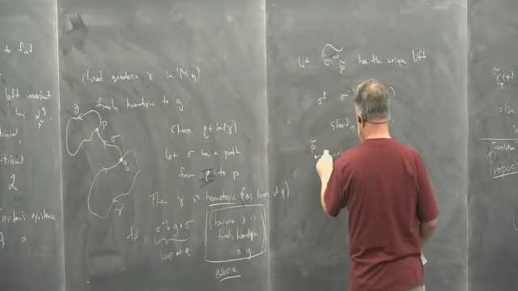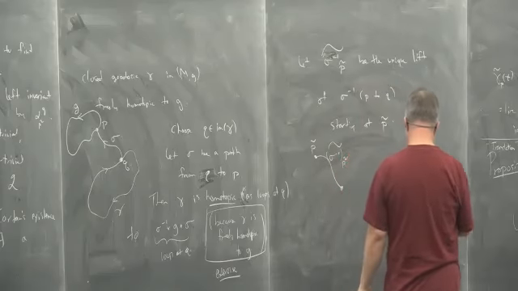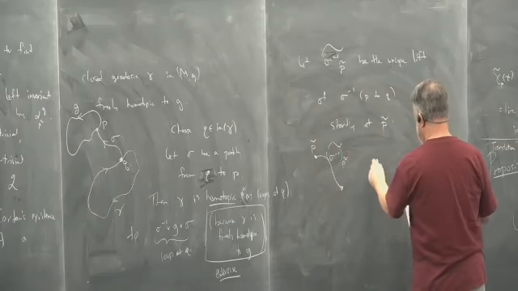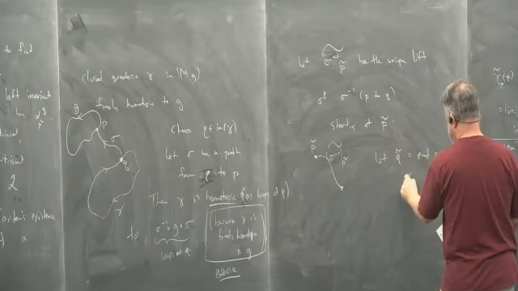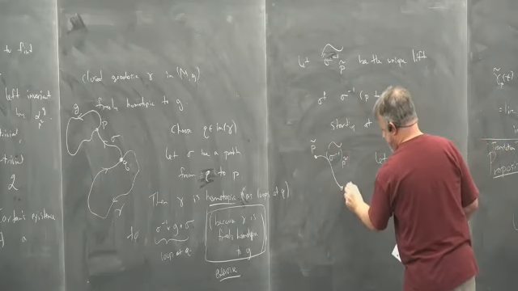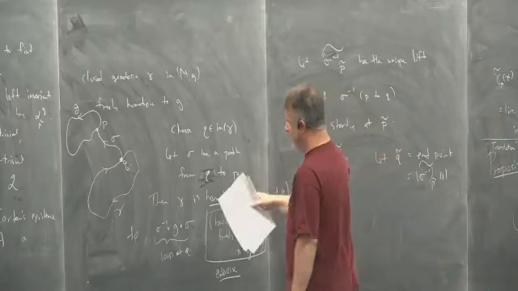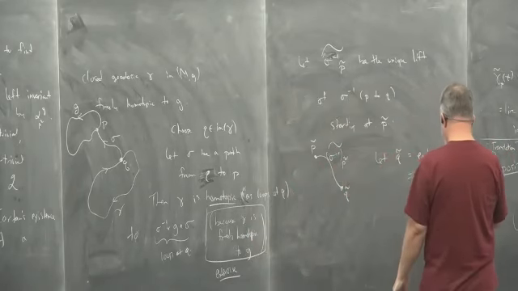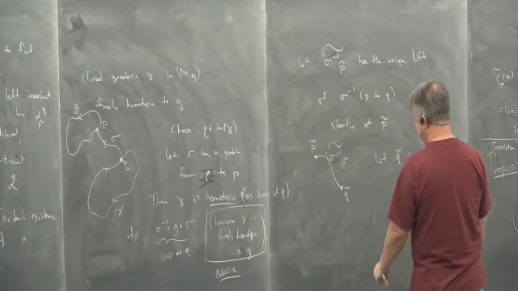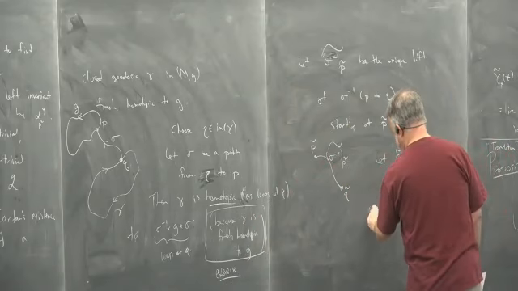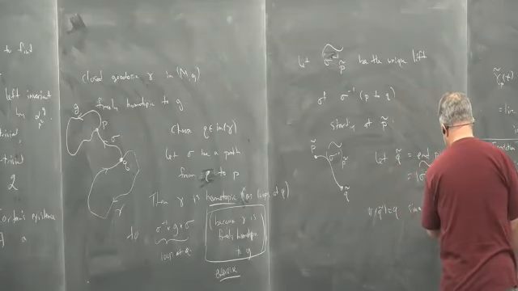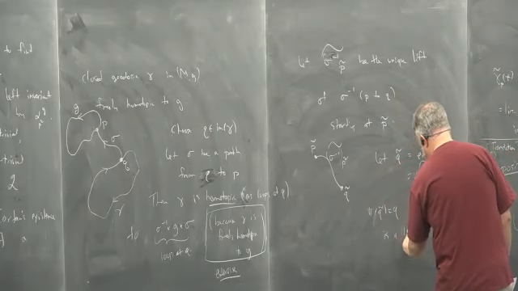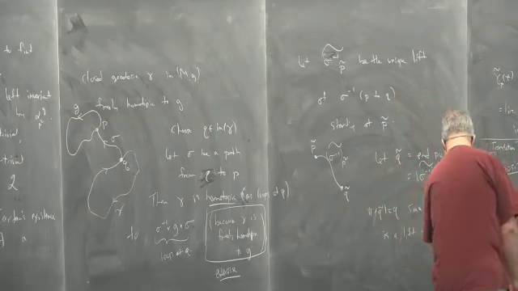Sigma inverse tilde at P tilde has some endpoint. Let Q tilde be the endpoint. So it's equal to sigma inverse tilde P tilde of 1. And that of course lies above Q, so pi of Q tilde is Q, since sigma inverse tilde P tilde is a lift of sigma inverse.